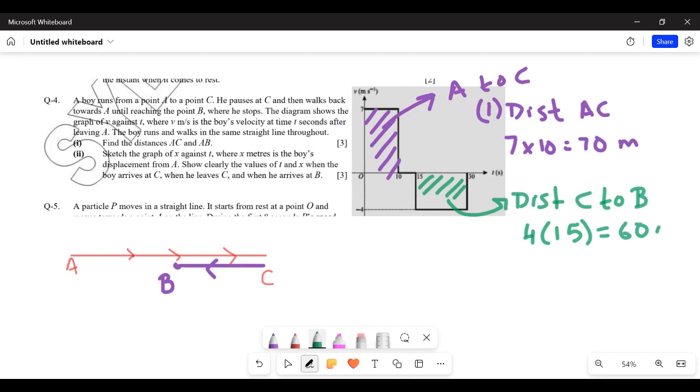So this distance is 60 meters. And the distance from A to C is 70 meters. So then what should be the distance from A to B? That would be 70 minus 60, which is 10. So the answer for part 1 would be 70 minus 60, which is 10 meters.